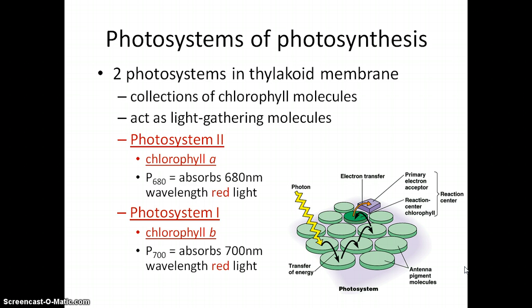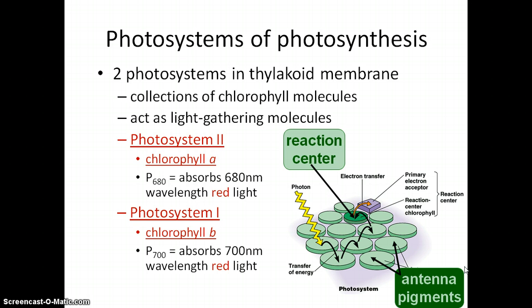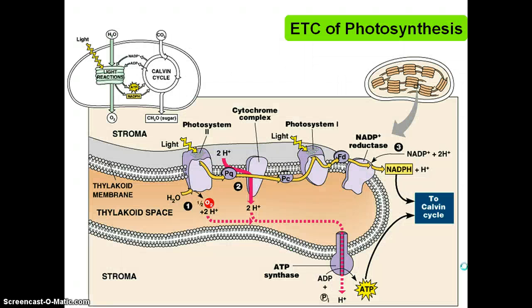It absorbs the 700 nanometer wavelength, which is also red light. And so photosystem 1 is also called the P700 photosystem. We're going to look at why these are called antenna pigments in just a minute. But what we have is a reaction center, and then we have antenna pigments that make up a photosystem. So we'll come back to that.